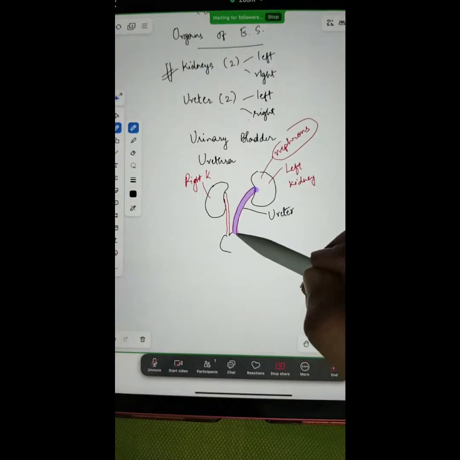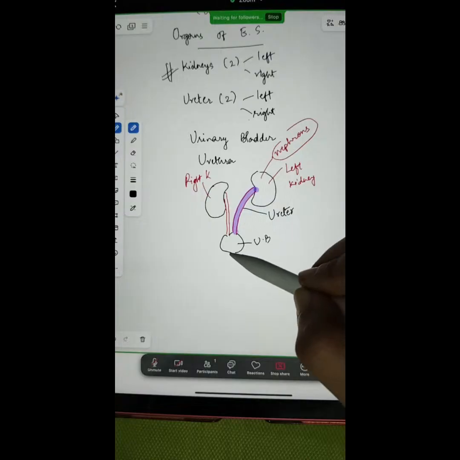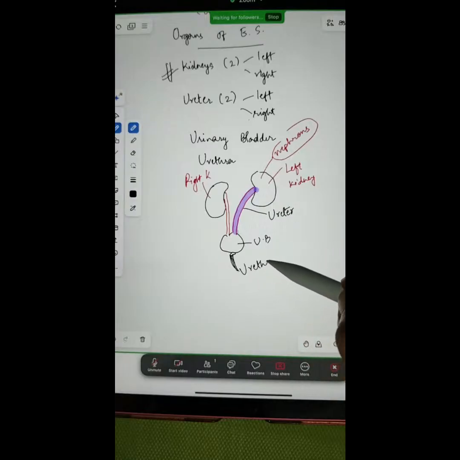So in the bottommost region, this is the urinary bladder, and the urinary bladder sends out urine outside with the help of a structure which is known as the urethra. Both the left and right ureter will be joined to form a bag-like structure which is the urinary bladder.